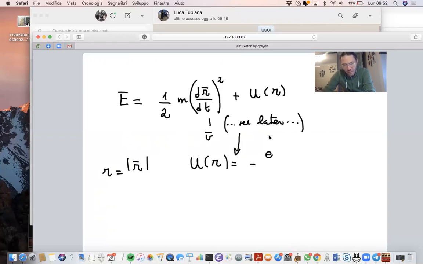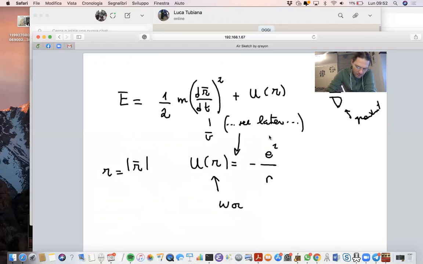In this lecture, I am not assuming that you already have seen symbols like this in your background. This is called the gradient. So if you had seen this, you would be able to see why the potential energy associated with the Coulomb force is what it's going to be writing now. For the moment, it suffices to say that if I use this expression, then it follows from computing the work done by the Coulomb force.